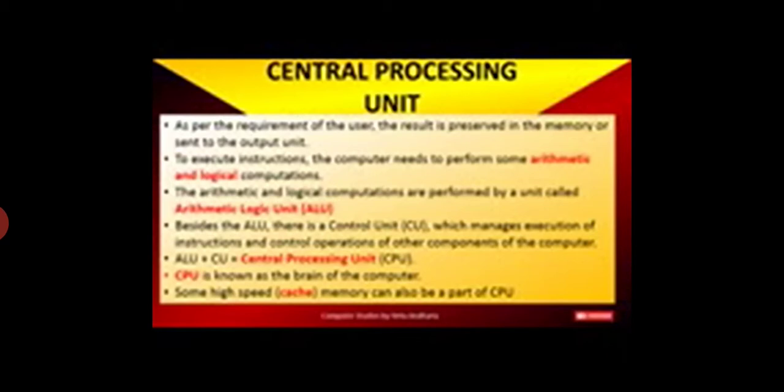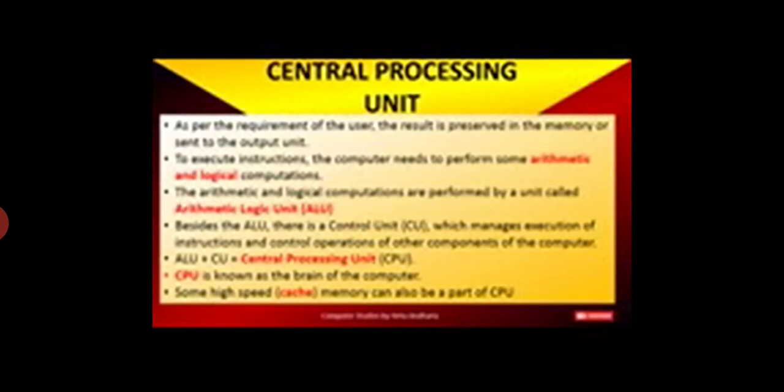Now, as per the requirement of the user, the results are preserved in the memory or sent to the output unit. Suppose you save that file, then it will be saved, and otherwise it will be simply displayed on the output unit.